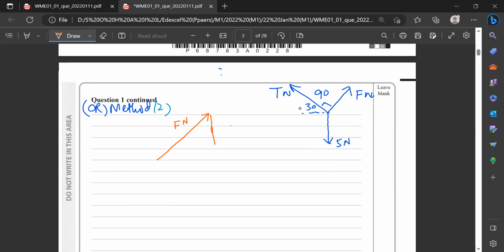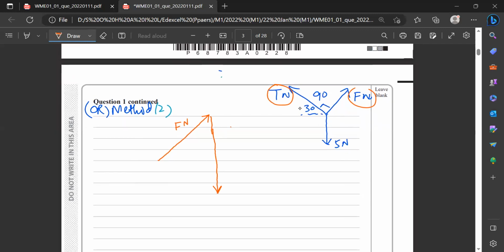The other is the force which is vertically downwards. And keep in mind that the angle between T and F is 90 degrees. So I'm using the head to tail rule here. I must draw the last force here. This angle is 90 degrees because the angle between the forces is 90 degrees.